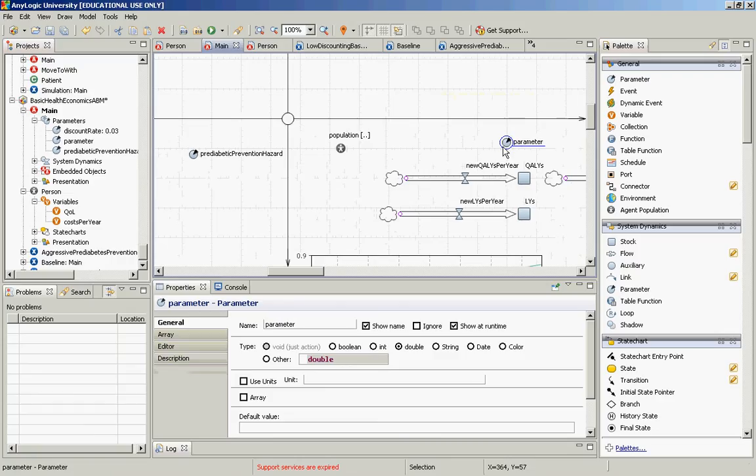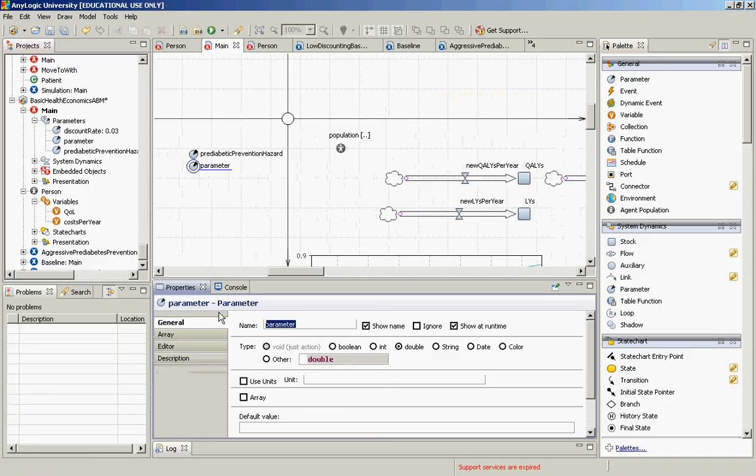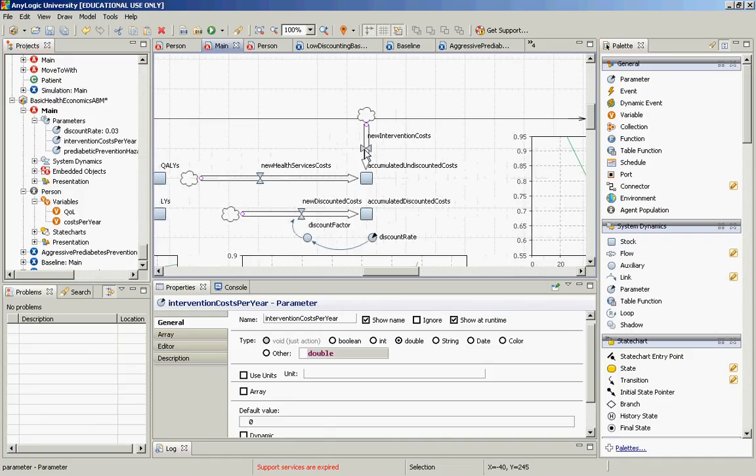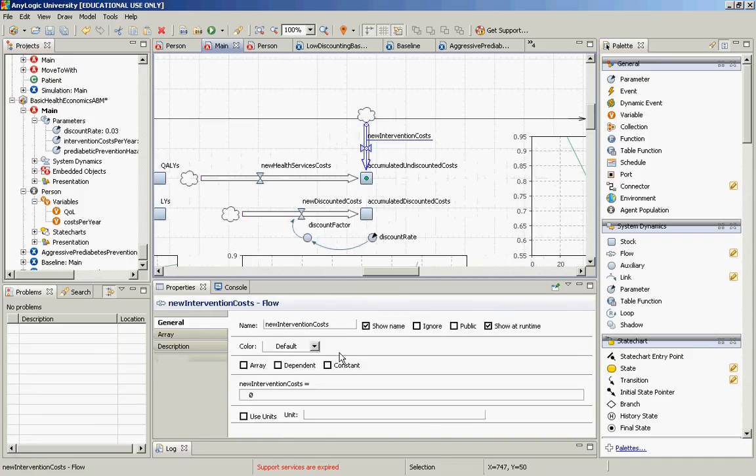So intervention costs per year, and by default it will be 0 in the baseline scenario. But if we have an intervention, we'll need to specify it. And then the new intervention costs will just total up intervention costs per year.